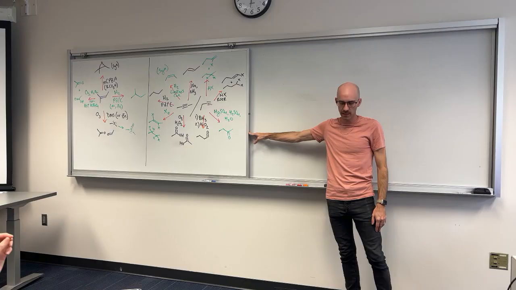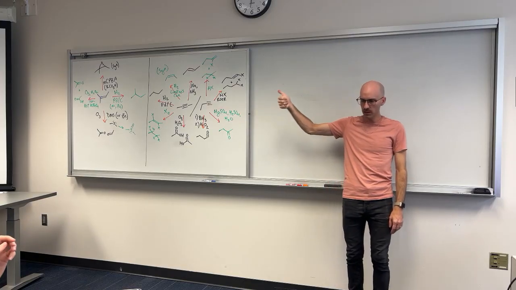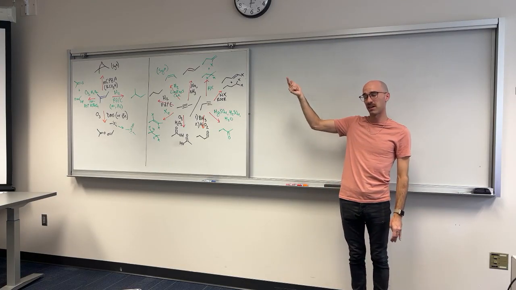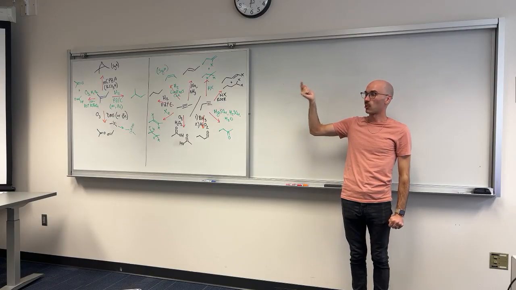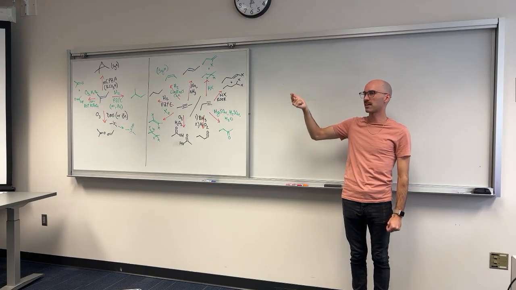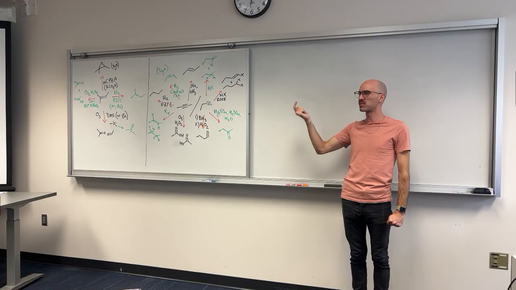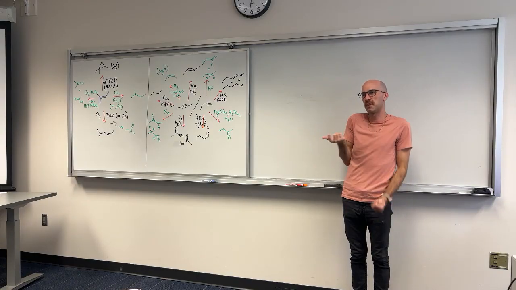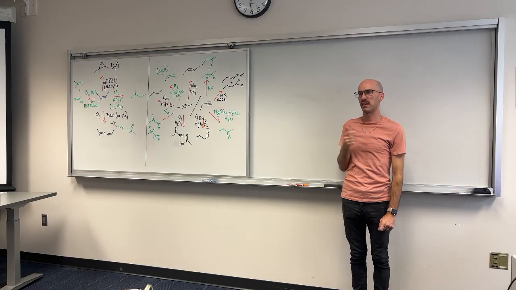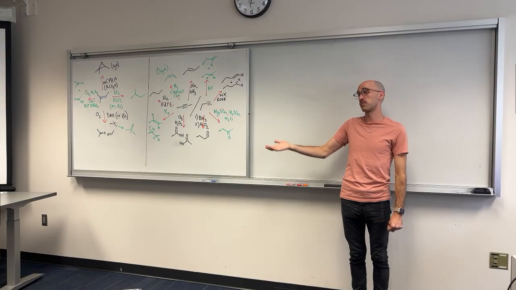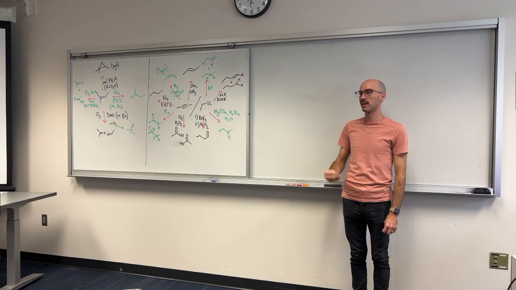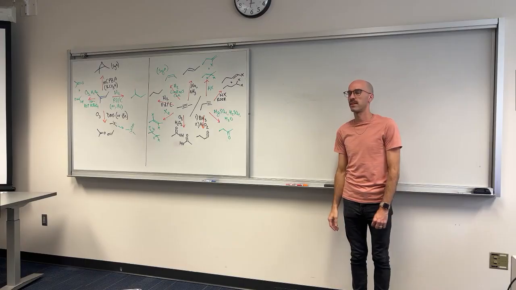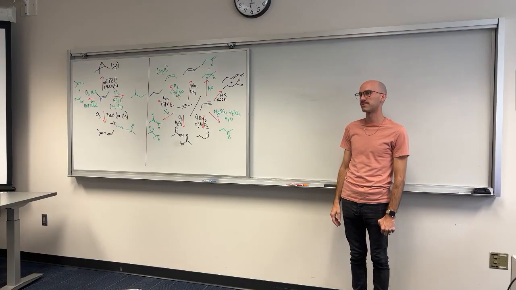Lindlar's catalyst is quinone and barium carbonate, I think. Although I think I just looked it up and it's not. Maybe it's barium sulfate. But it's just a mixture of chemicals that interact with alkenes in such a way that inhibits their reductive capacity.